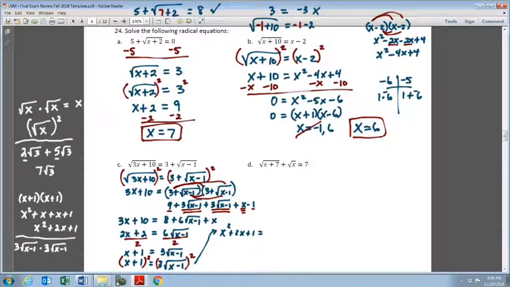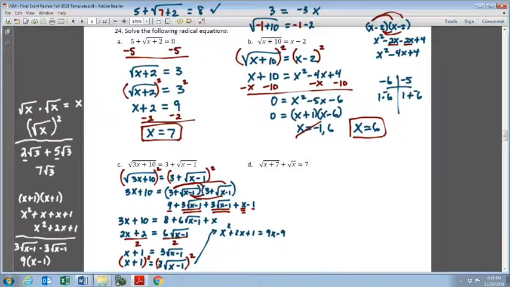So this is all multiplication. We can multiply the 3's together and we get 9. And we learned that the square root of x minus 1 times the square root of x minus 1 is just x minus 1. Now keep in mind we have to multiply 9 times the whole x minus 1, so we need to put parentheses around that. And so we're going to end up with 9x minus 9 on the right side.